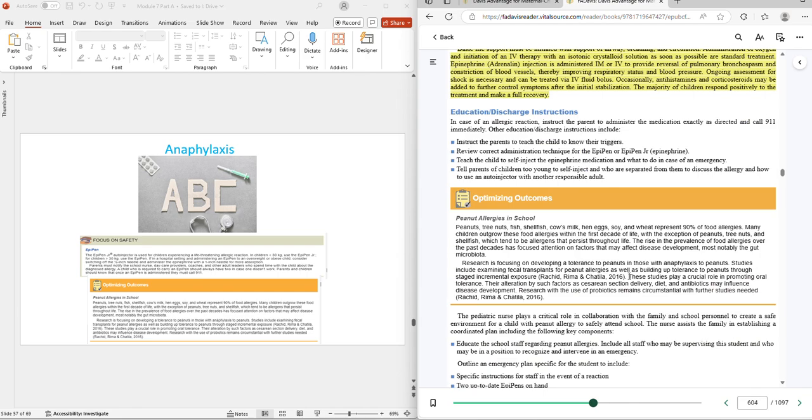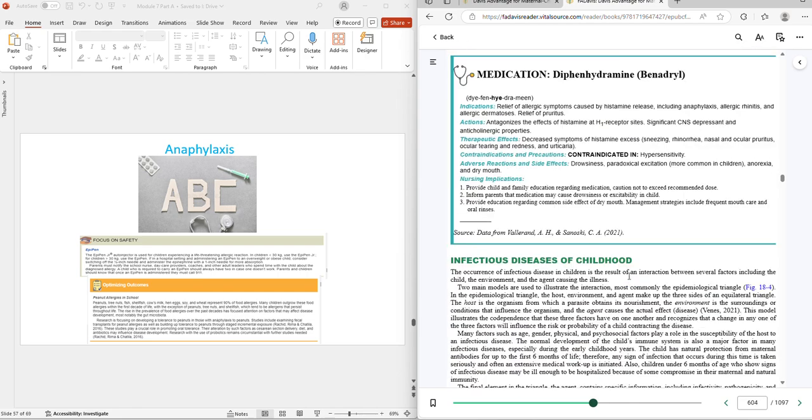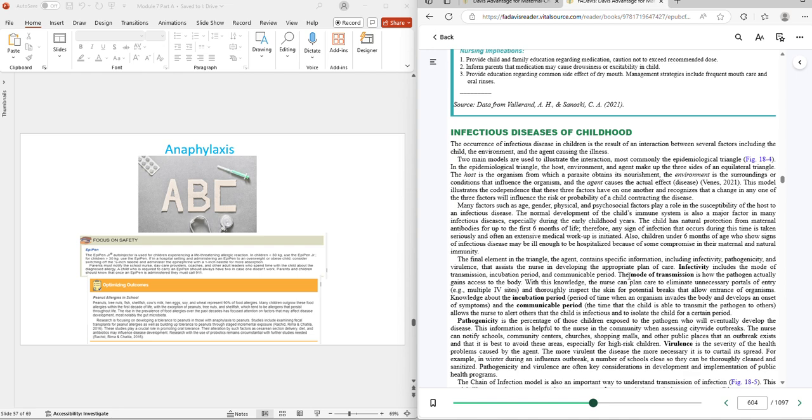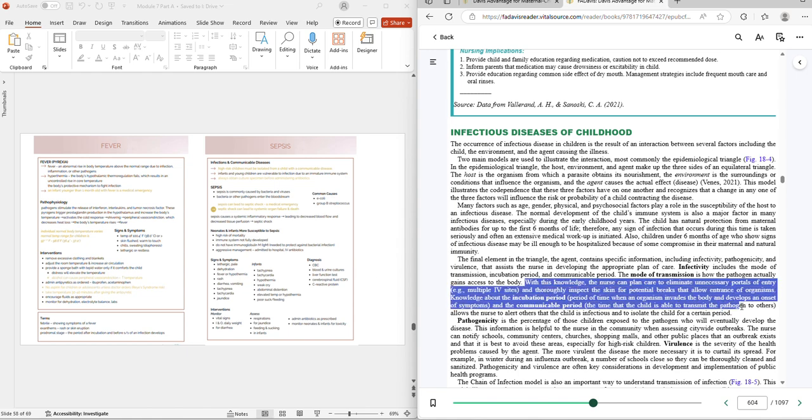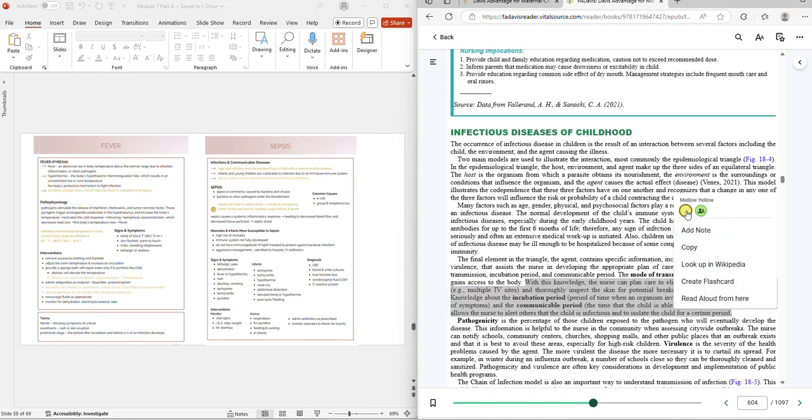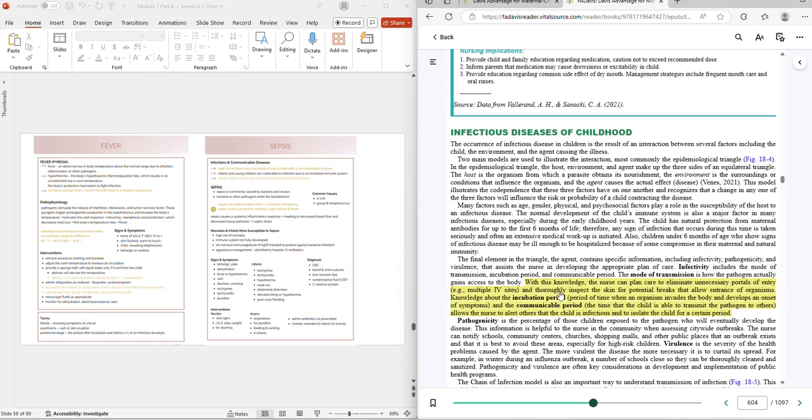Infectious diseases of childhood. Let's talk about that on page 605. There are two different types of periods that I want you to learn. Some winks and lollipops. The incubation period and the communicable period, okay? You need to know what the incubation period is.